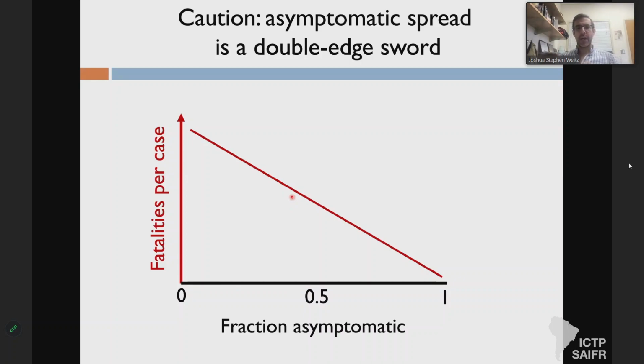You can imagine that we have on the x-axis the fraction asymptomatic, so the fraction of cases that have no symptoms. From 0, everyone has symptoms, on the left, to 1, everyone is asymptomatic. And I'm going to assume if you're asymptomatic, there will not be a fatality. So this is going to go per case level. The fatalities are going to go down to 0, whereas when everyone is symptomatic, there's some case fatality rate, which is over here, which is higher.